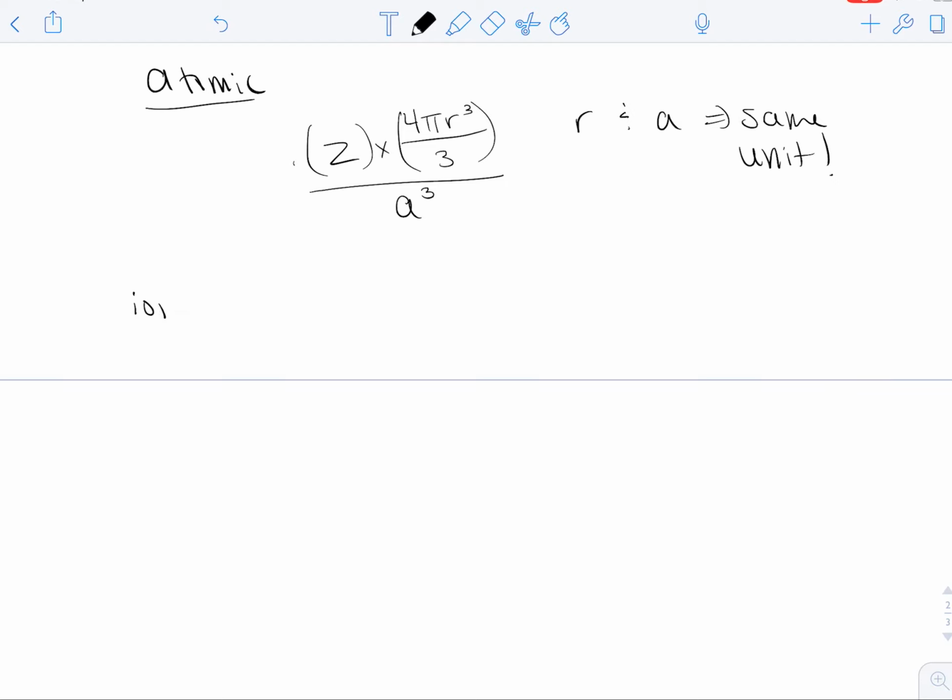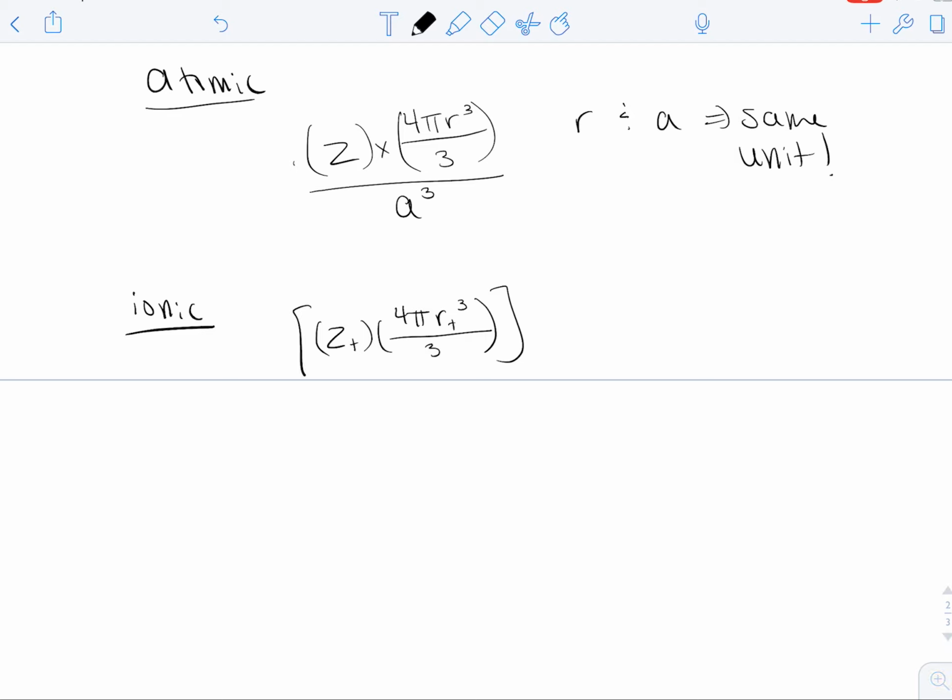For our ionic, we again have two different types of atoms. So we have a Z plus times 4 pi R plus cubed, so we take our cation radius, divided by 3.